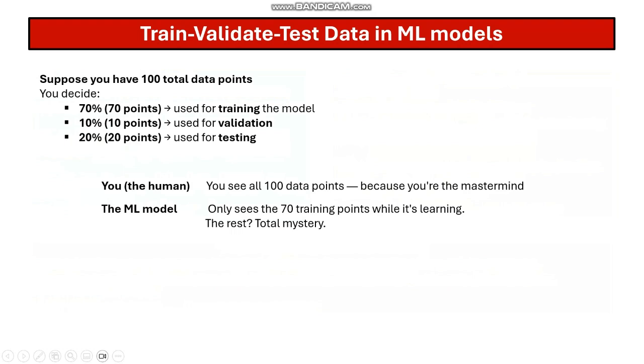When you are dealing with the model, you are training the model with 70% or 70 points that you have. And the remaining 30% of the data is unknown to the model. So you're using 10 points for the validation and the remaining 20 points for the testing. So this is how the whole mechanism works in brief.